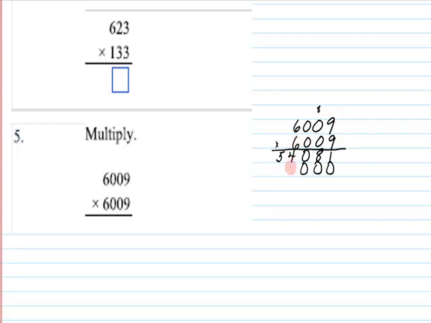6 times 9 is 54. Carry the 5. 6 times 0 is 0, plus 5 is 5. 6 times this 0 is 0, and 6 times 6 is 36.